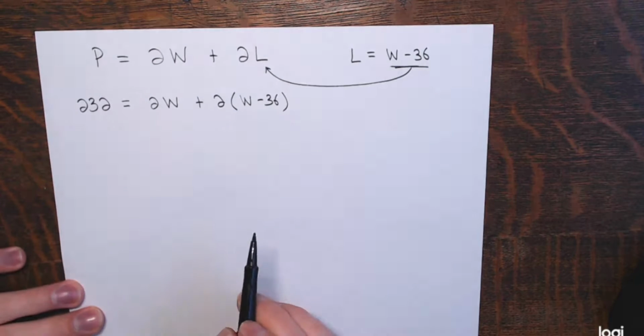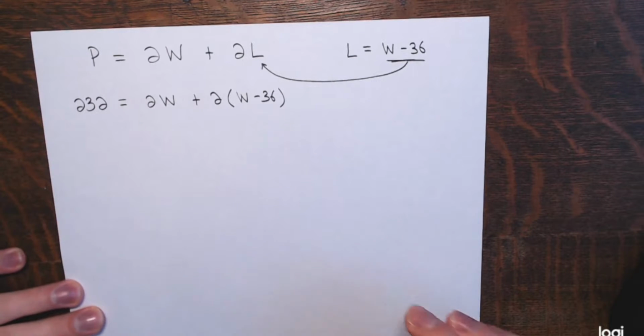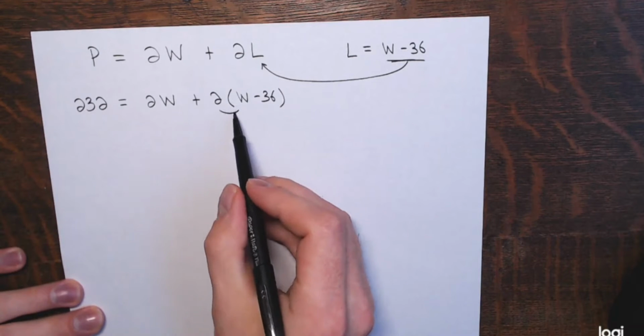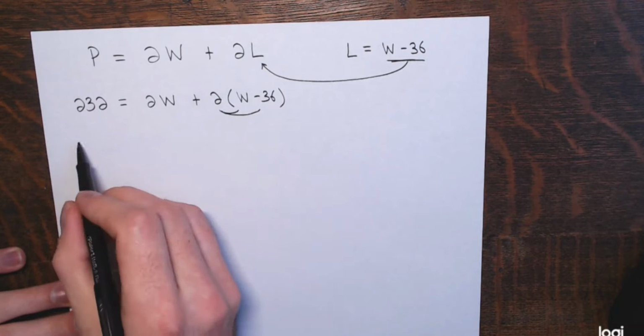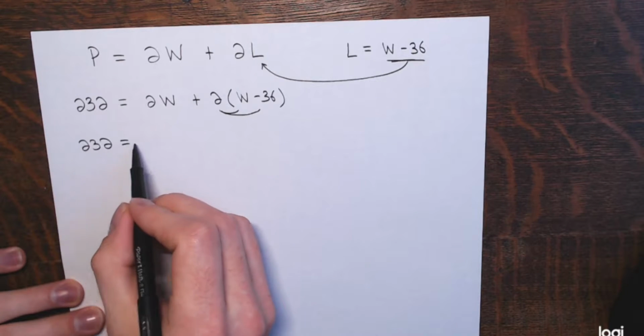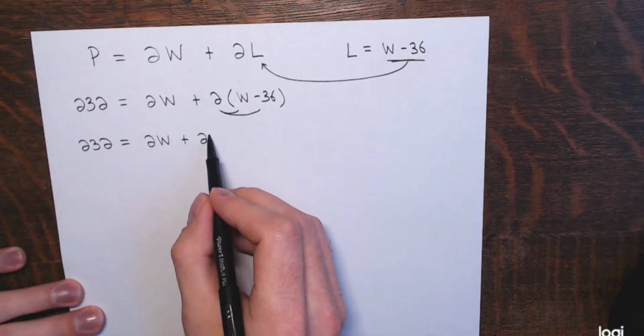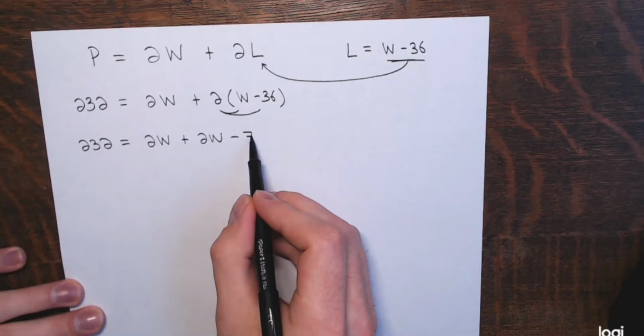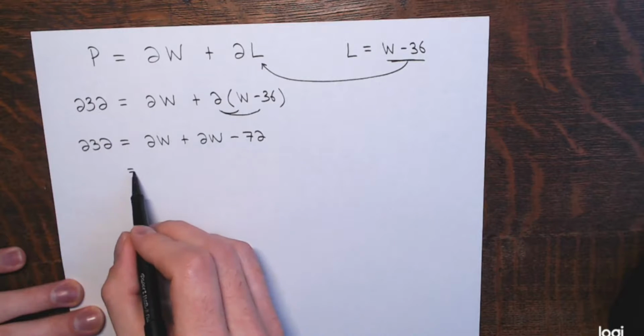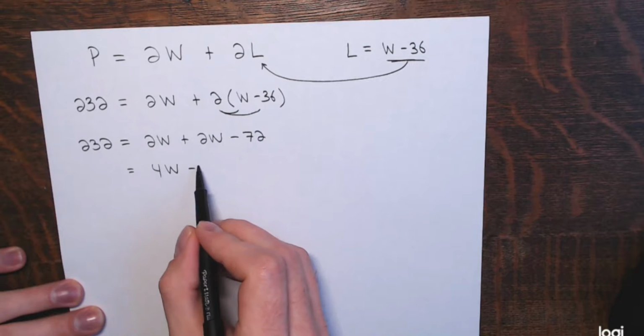Right now I have an equation with just a single variable, which should be easy to solve. So I clear parentheses with distributing the 2 here. It'd be 2W plus and then 2W minus 72, which is over here, that's 4W minus 72.